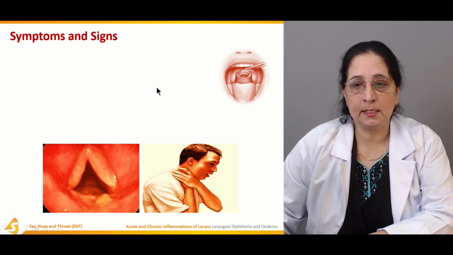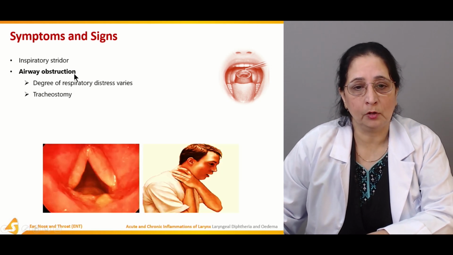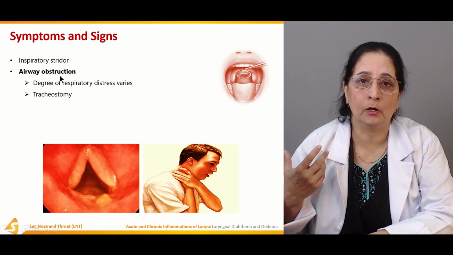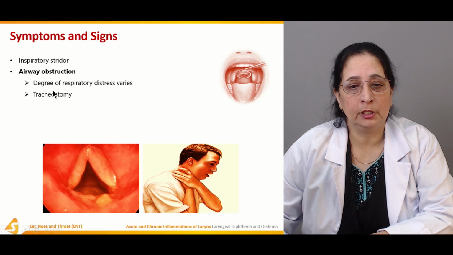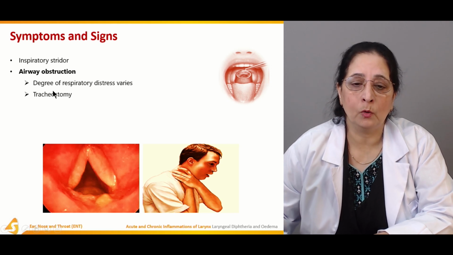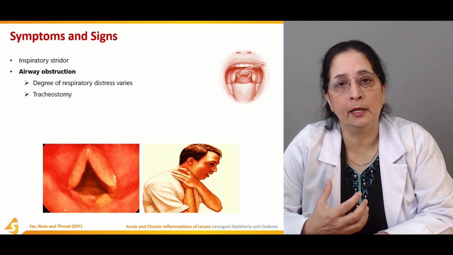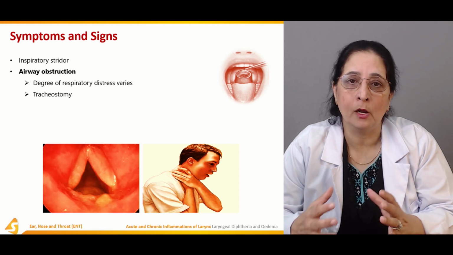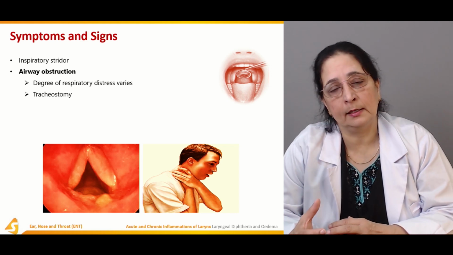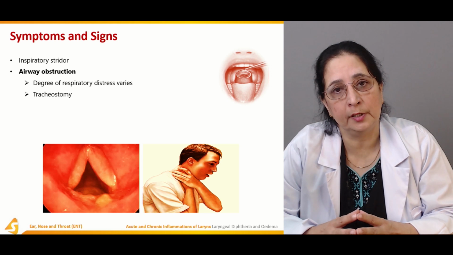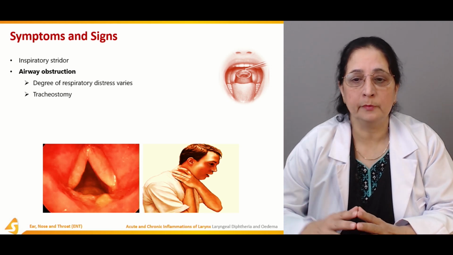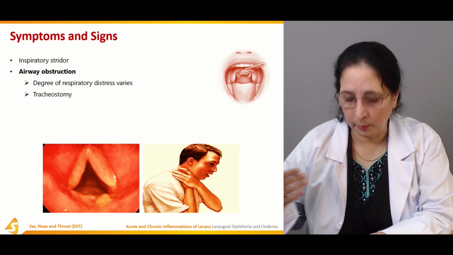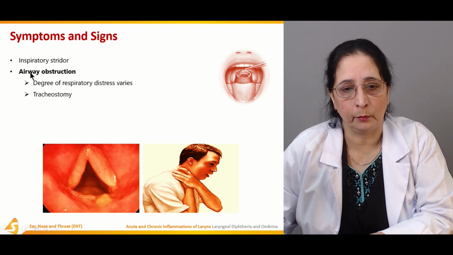Symptoms and signs include stridor on inhalation or inspiration. The management of airway obstruction depends on the degree of severity of respiratory distress. If it's severe, a tracheostomy is required to maintain the airway.